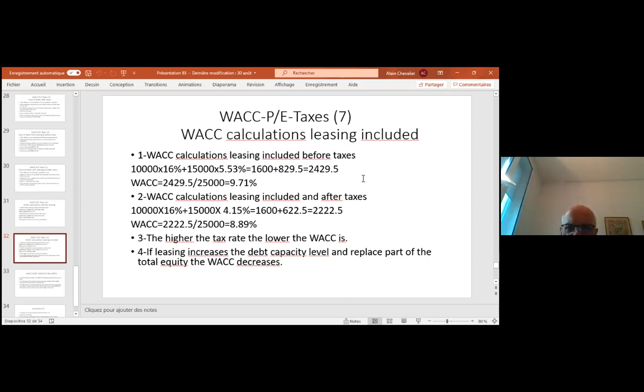So now you can do the same calculations I did in the preceding slide: leasing included before taxes and leasing included after taxes. If you go through this calculation, you find 9.71% and 8.89%. Same thing, the higher the tax rate, the lower the WACC is. 8.89 is lower than 9.71.